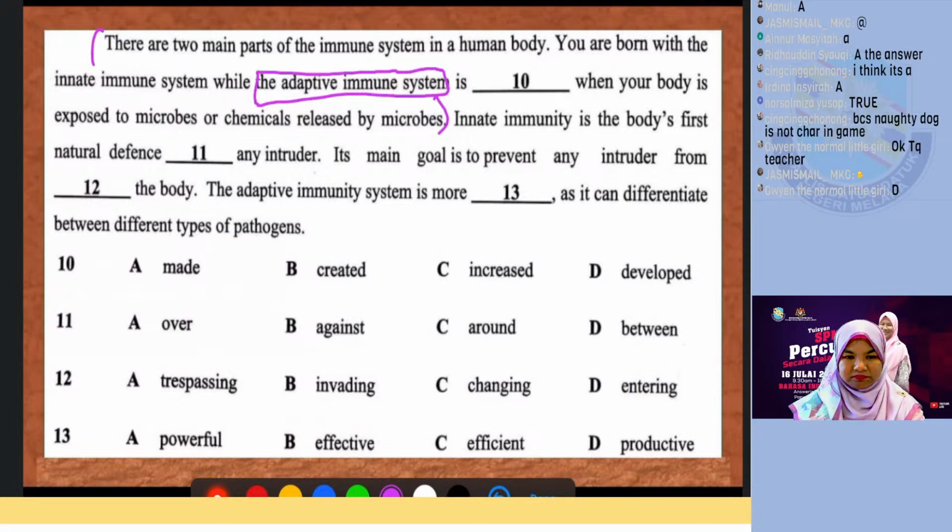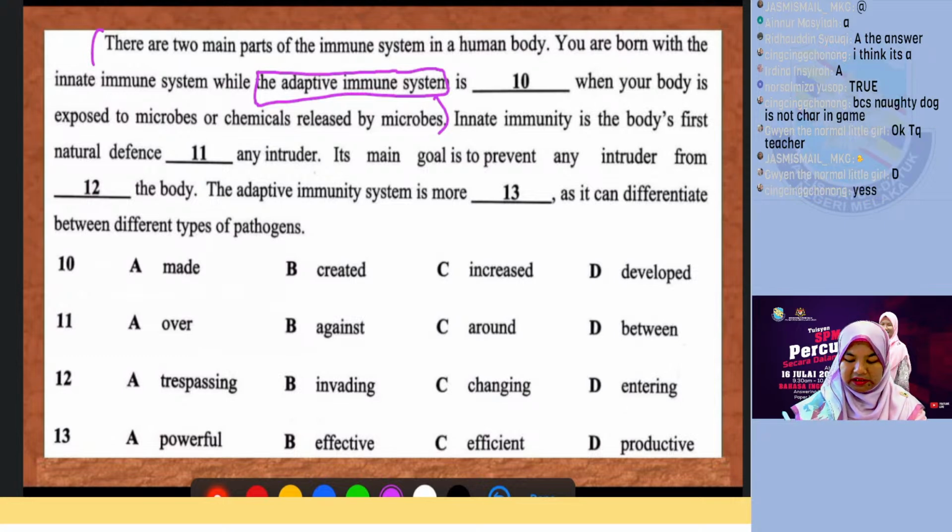So, what is the difference between made, created, increase and develop? Made, what is the meaning of made here? Anyone know the meaning of made? Gwen said C. Gwen said D. Gwen, you are one step ahead. Good.